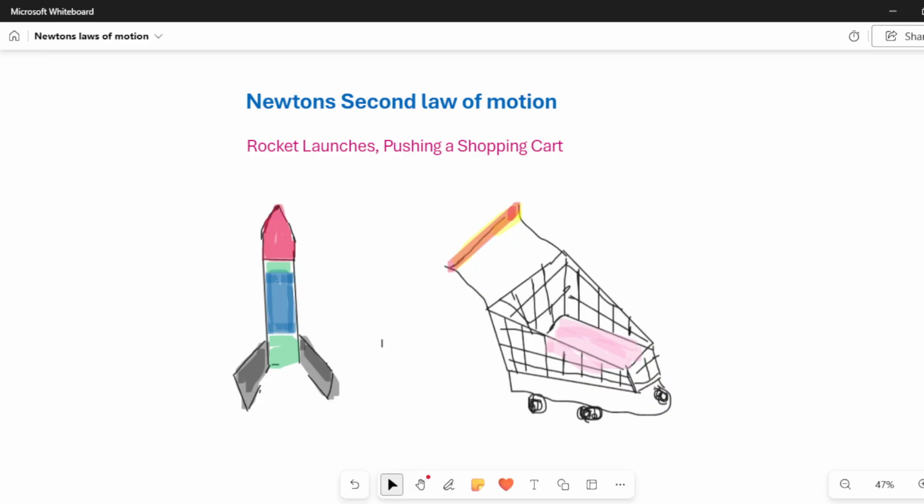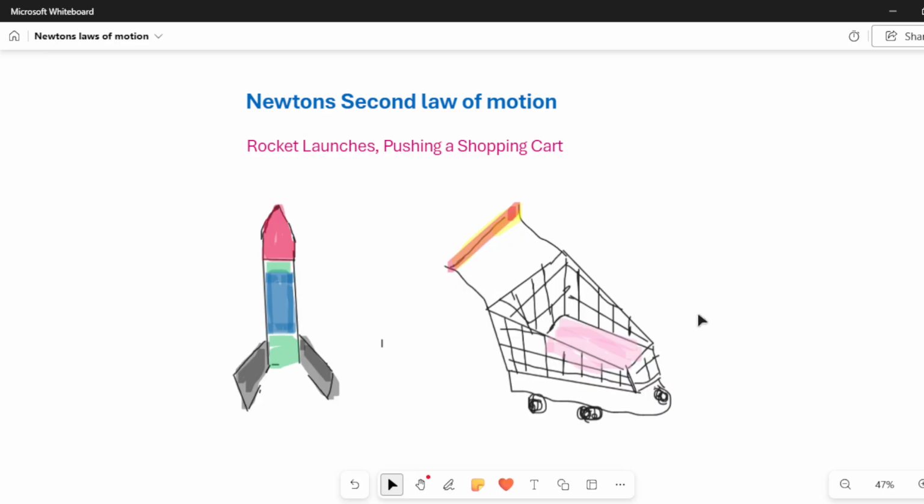So we saw the shopping cart. If the mass is less, the acceleration will be more. If the mass is more, the acceleration will be less. Correct? So initially, when the shopping cart is empty, your mass is less, and so it will be very easy to push your cart.